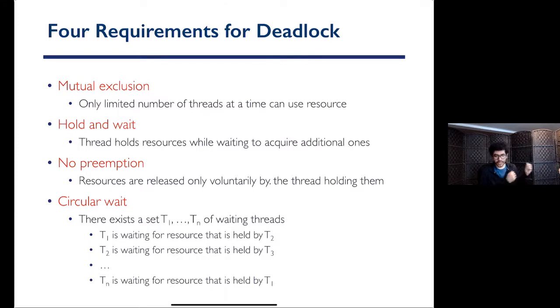So if they release the resource and then start waiting, you won't have deadlock. No preemption. This means that if a thread acquires a resource, you cannot take it away unless they release the resource. And finally, circular waiting, meaning that you have threads waiting in a circle for the resources that they want while holding the resources that they own.